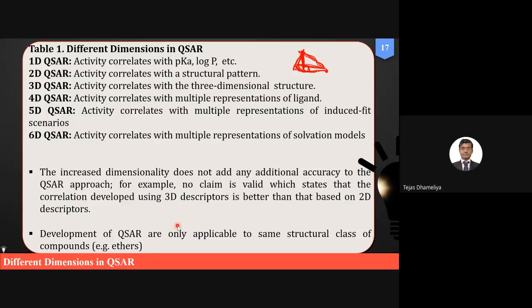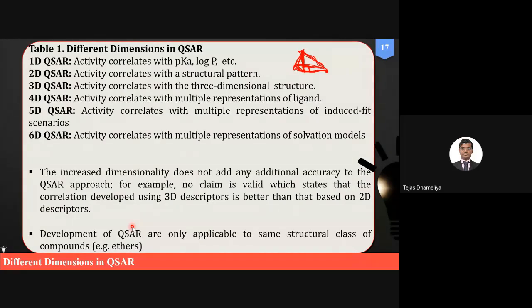But we should keep this in mind: whenever we are developing a QSAR, it should be applicable to a common structural class of compounds. जैसे कि if we are developing the QSAR of all the quinoline ligands, whatsoever ligands are present in the QSAR should be quinolines. Adam has taught you anti-malarial compounds, so we know the meaning of quinoline.